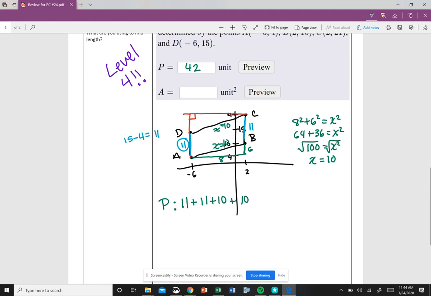And I already told you a little bit earlier that the easiest height to find is probably going to be this one, because finding perpendicular to this line is going to be easiest. So now we know the height is 8. And if we pick this to be our base, I know it's sideways, it's 11. So my area is just going to be 8 times 11, which is 88.